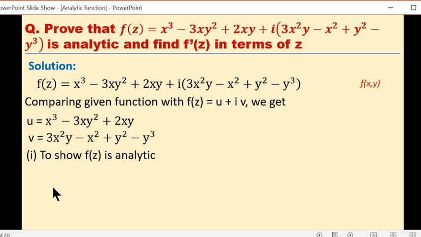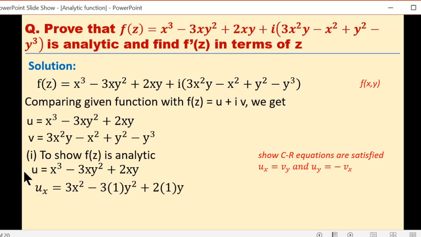This will help us prove f of z analytic, that is, we have to prove that the Cauchy-Riemann equations are satisfied. So we take u. First we find its partial derivative with respect to x. Wherever there is an x term in u, that will get differentiated, and the y term will be treated as constant. It is a partial derivative. So the derivative of x cube is 3x square, minus 3, the derivative of x is 1, y square will remain as it is, plus 2, the derivative of x is 1 and y will remain as it is. Okay, so this is how we take the derivative.